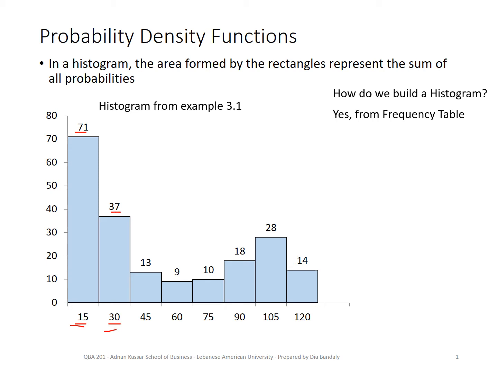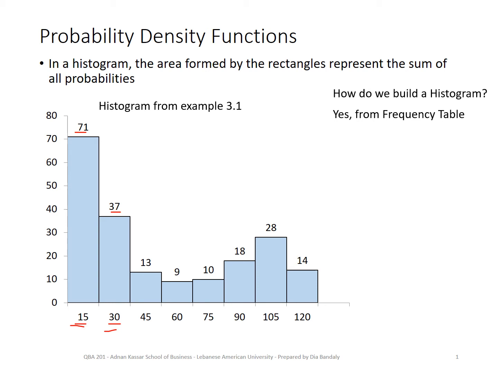So what did we do in the frequency table? Instead of having 200 different values, we classify these into categories, and the categories are the classes. 0 to 15 is one class, 15 plus to 30 is another class. In other words, we summarized all the bills within 0 to 15 in one category.